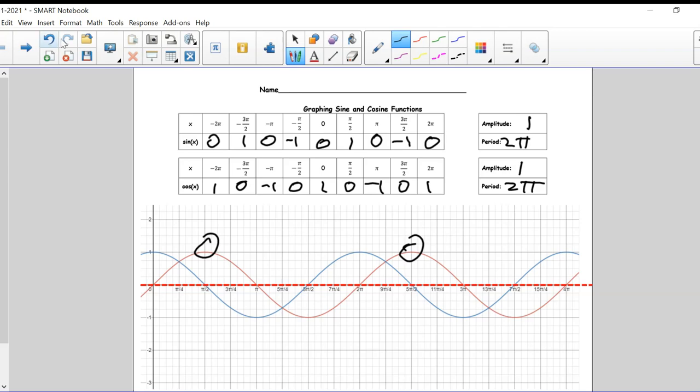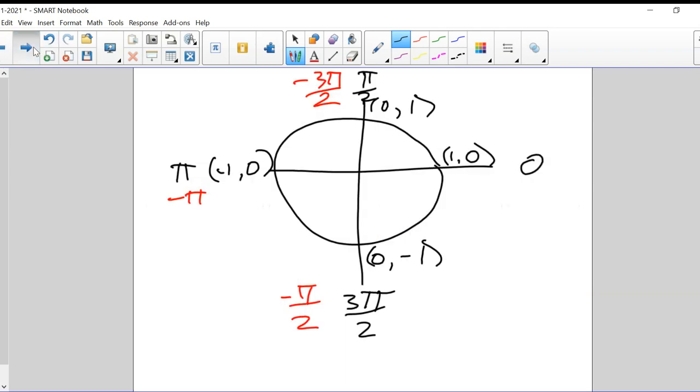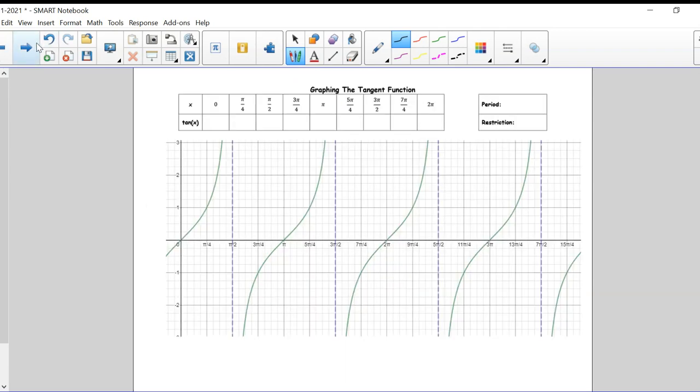All right, so let's move on to the tangent graph. So again, if we were to look at the table of values, which you should be able to do because we have looked at special angles already, so the tangent of 0 is of course 0. The tangent of pi over 4 is 1.